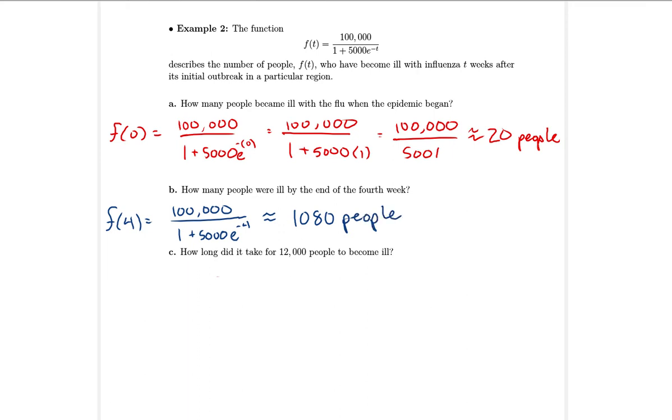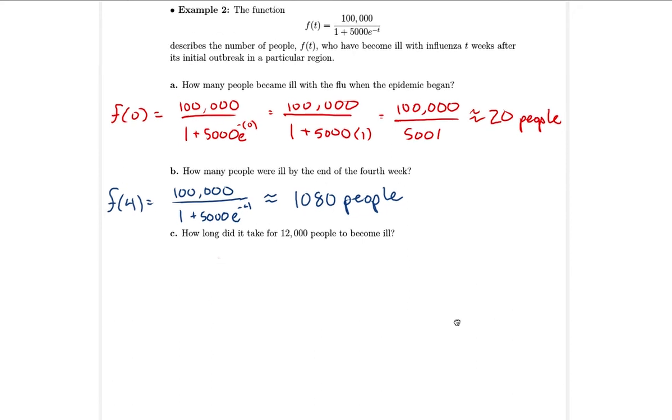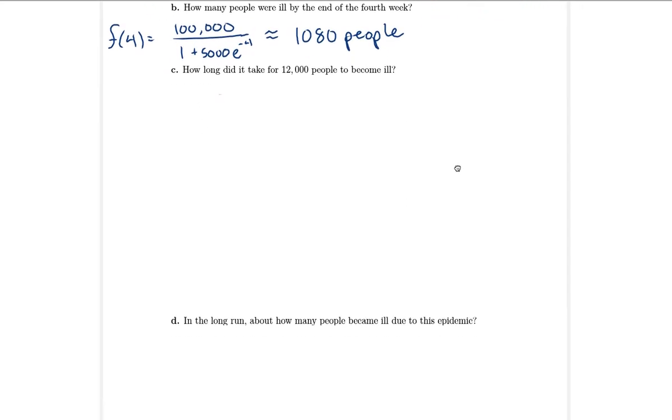So then part C asks, how long did it take for 12,000 people to become ill? So this time they're telling us how many people are ill. They're asking us, when does that happen? So we can put 12,000 in for the function value, but we don't know what t is, right?